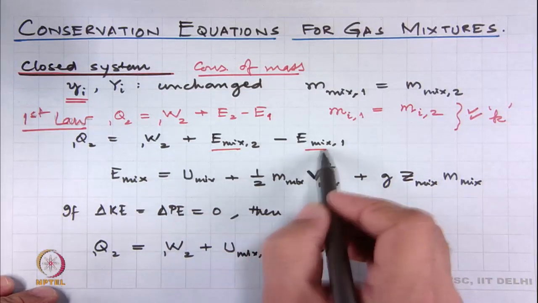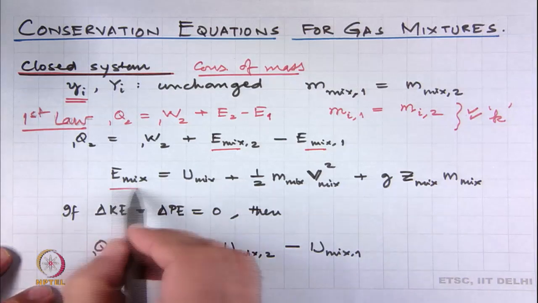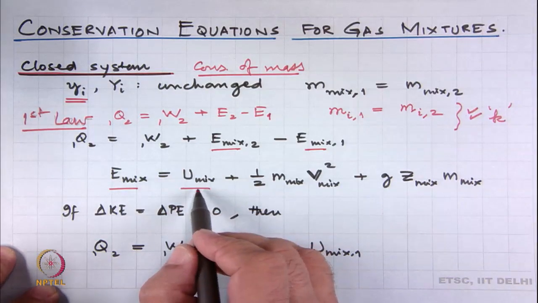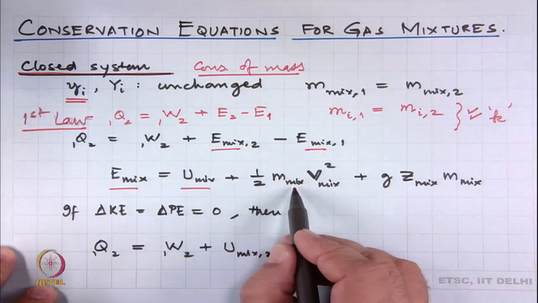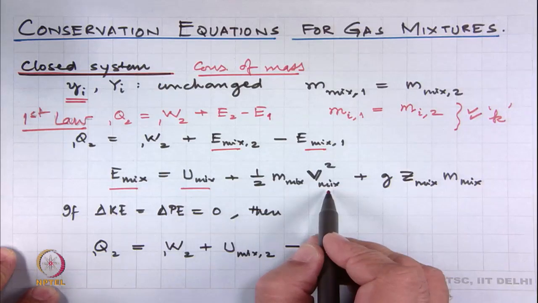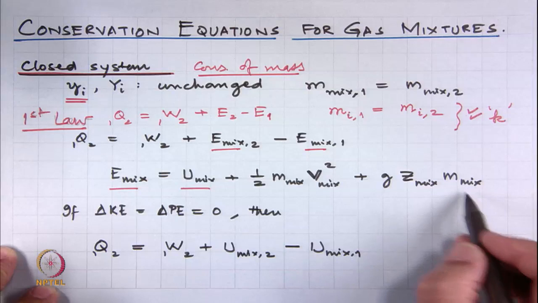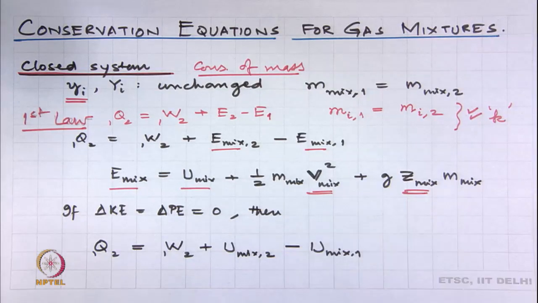So, that is the addition that has come in, where we define the energy of the mixture as before: the internal energy of the mixture plus half the mixture mass times its velocity squared, plus g z, into the mass of the mixture multiplied by its elevation.